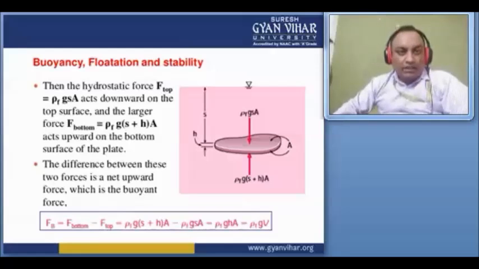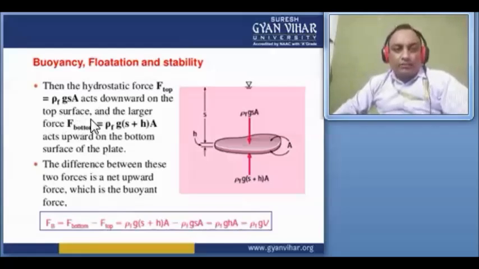The hydrostatic force F top is equal to rho g s into A and acts downward on the top surface, and the larger force F bottom, rho g (s plus h) into A, acts upward on the bottom surface of the plate. The difference between these two forces is a net upward force, which is the buoyant force.